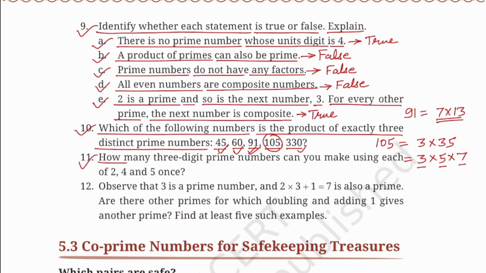11. How many 3-digit prime numbers can you make using each of 2, 4 and 5 once? The numbers you can make using 2, 4 and 5 are of 3 digits.